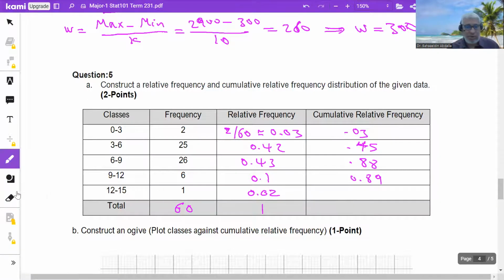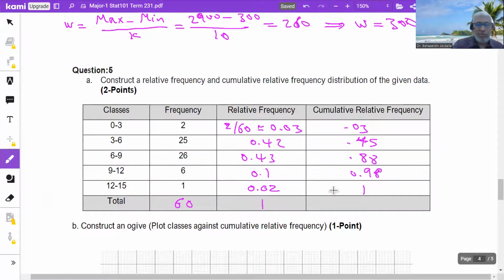If you add 0.1, it's not 0.89, it would be 0.98. And if you add 0.02, it would be 1. So the last number in the cumulative relative frequency should always be 1.